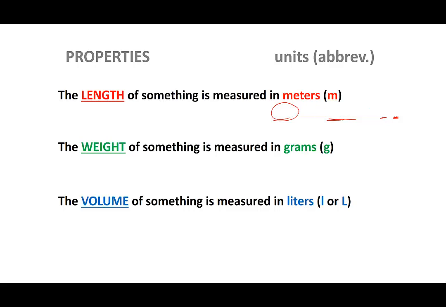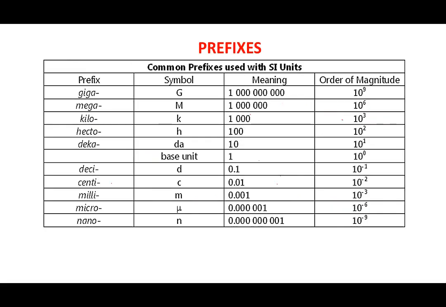I want to go back to the previous slide and point out how important it is that we use the correct upper and lower case. If you had used uppercase M, you would have reported a very large number, but in this case, we are using a lowercase m, which is a very small number.